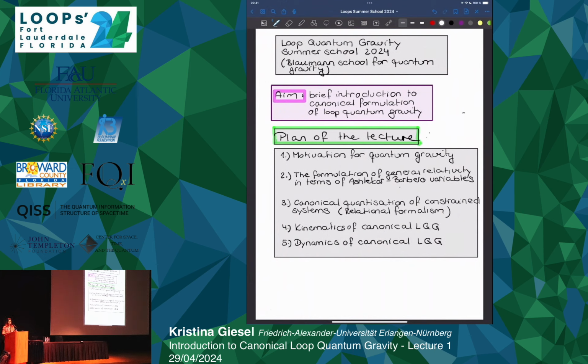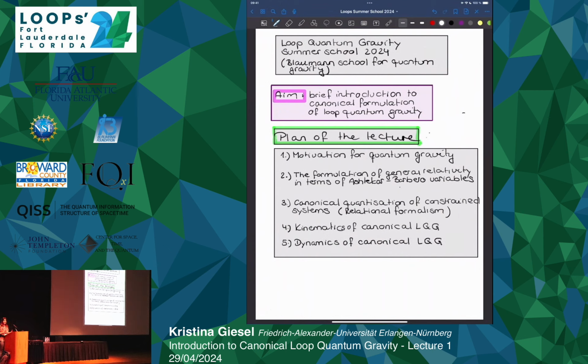In order to tell you how we quantize the Einstein equations, or general relativity, with canonical quantization, we have to formulate general relativity in a Hamiltonian language. In loop quantum gravity, we do this by using a specific choice of variables, the so-called Ashtekar-Barbero variables, which I will introduce during the lecture.